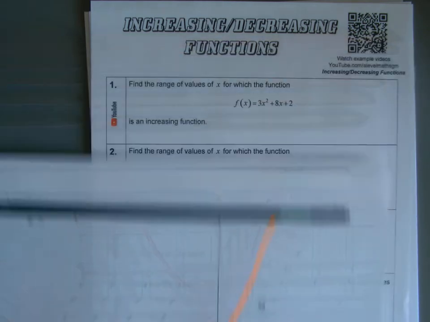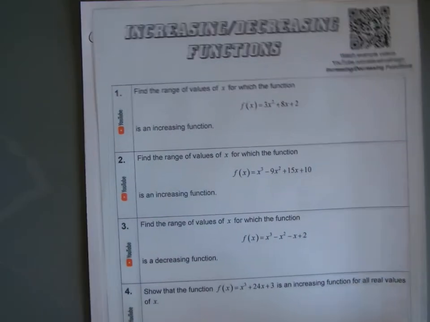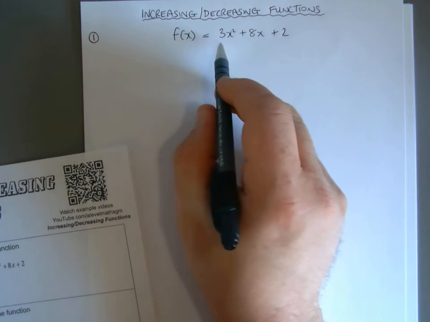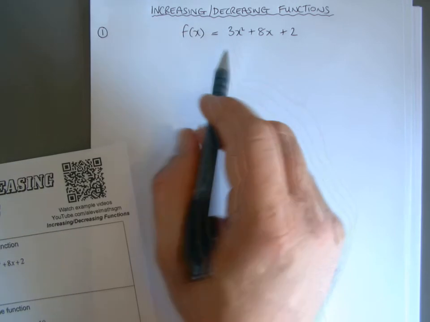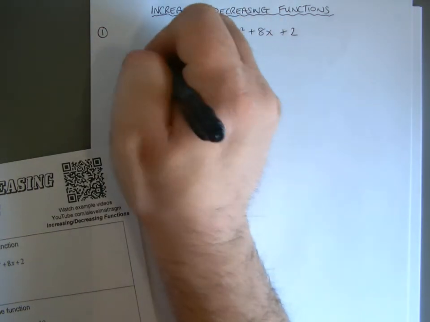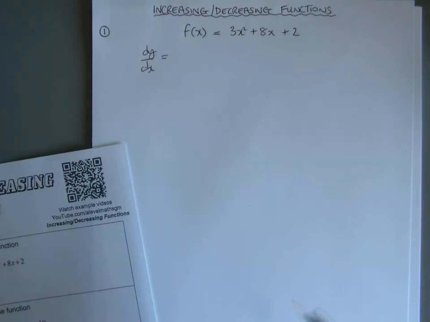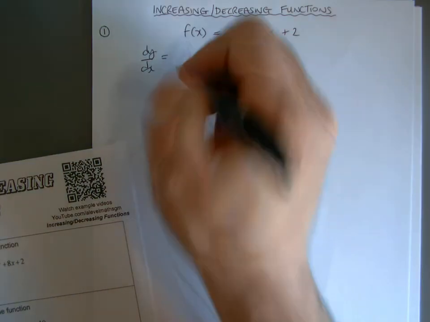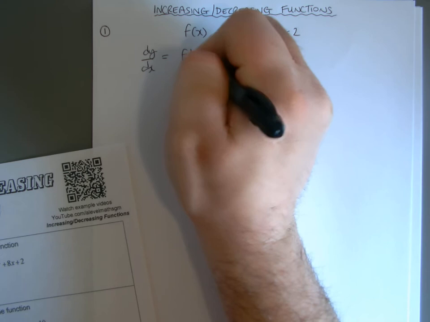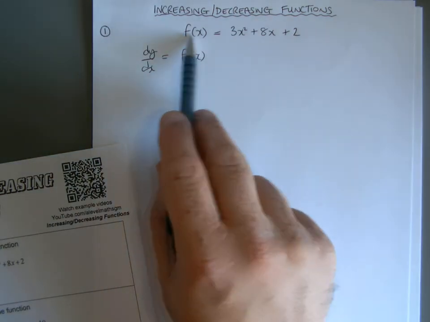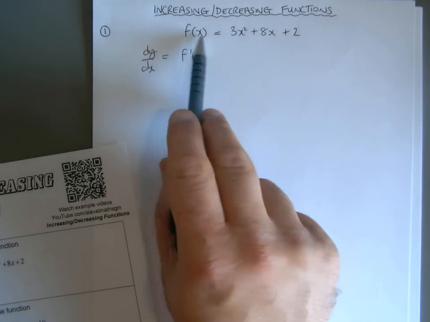So if we go to the question here, we'll answer it. What we're going to do now is look at what the gradient is, so we're going to do dy by dx. Another way of writing dy by dx is f dash of x. We're going to use that notation in this topic simply because they're given the function in terms of f of x.